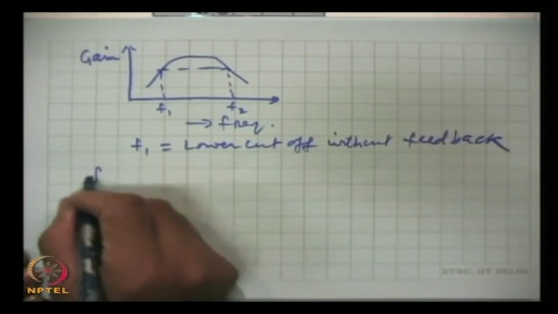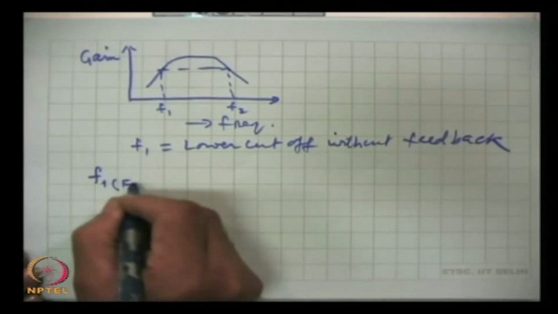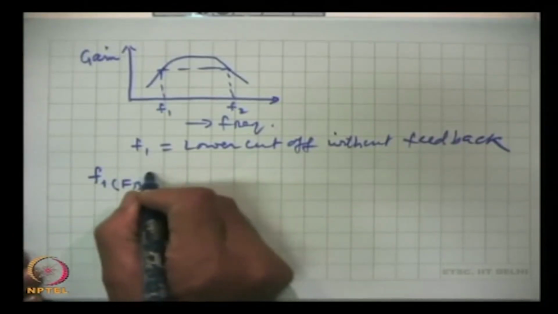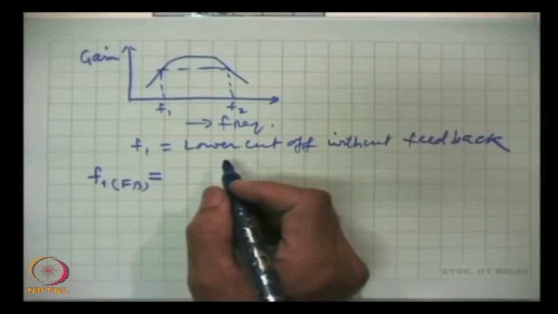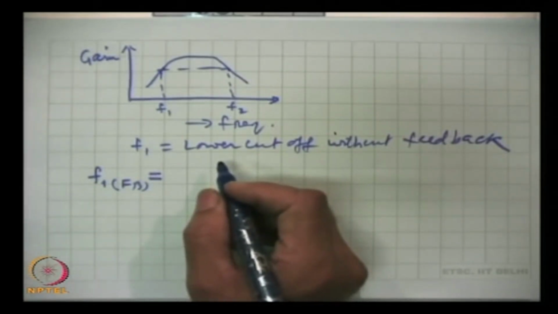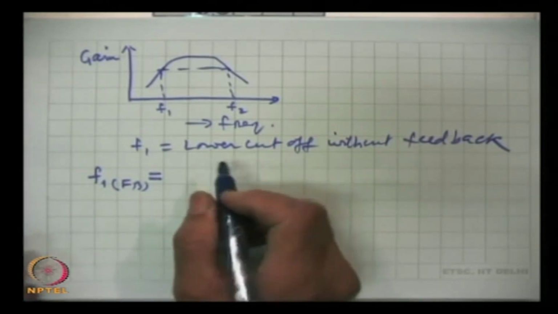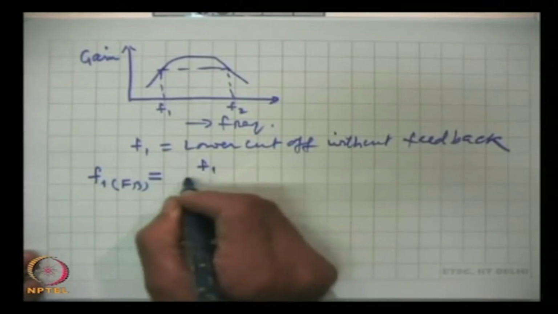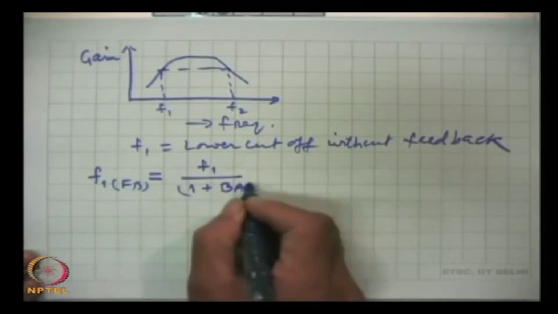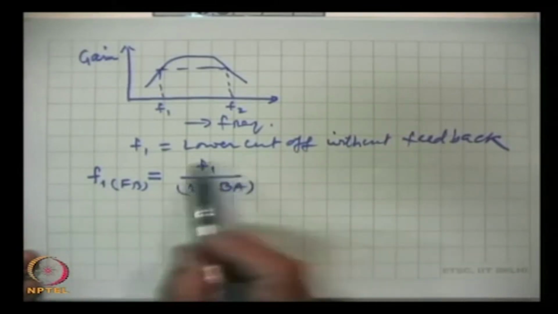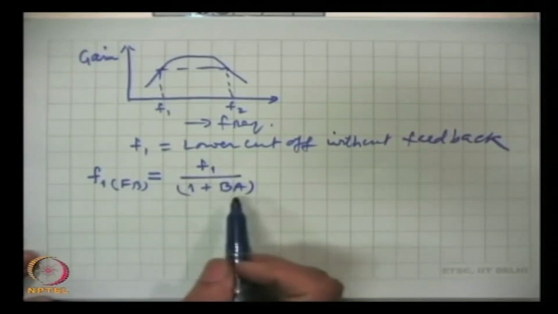with feedback, that means F1 with feedback is reduced, and as we have seen that all changes are of the magnitude of 1 plus BA. So, F1 is reduced by the factor 1 plus BA.